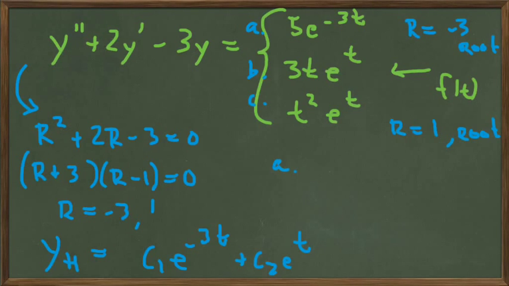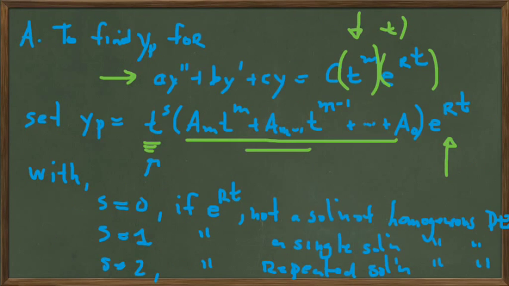So for case A, the y sub p would be, well, it has to have the e to the minus 3t part, but it also has to have that t to the s part because minus 3 is a root, and that power of s is 1, right? Since this is a single solution.